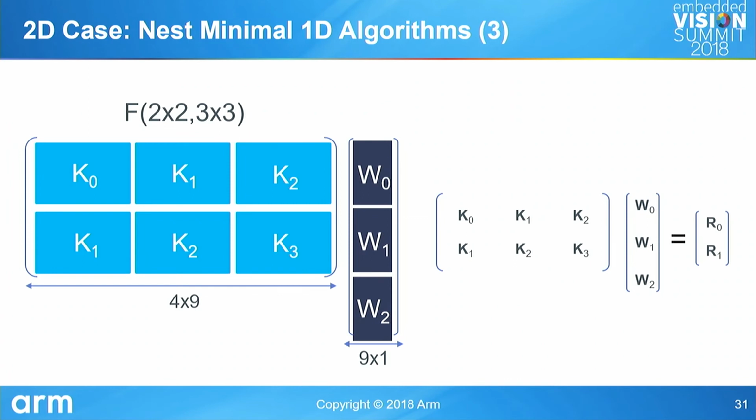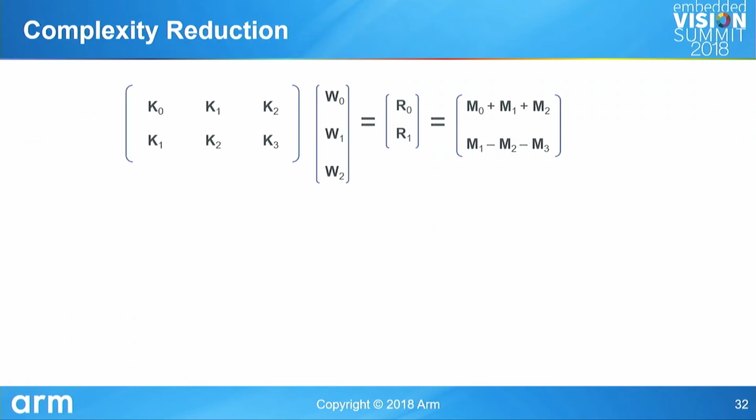But this means that I can reduce this matrix multiplication in this manner. So we still have 4 input values, which are not anymore scalars, but are matrices. We have K0, K1, K2, and K3. And we know how to solve this problem, because we have seen that before.